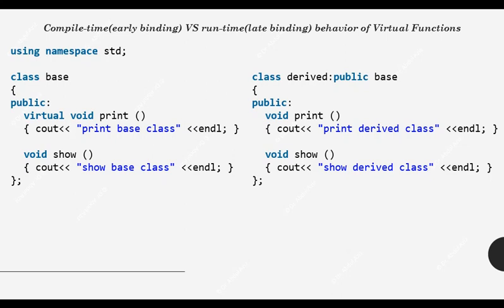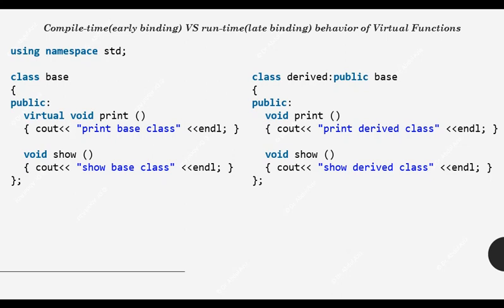Okay, on the right side you can see another code, a class derived that inherits the base class, which means now we are going to declare a derived class, and the derived class is going to override both methods. So we are going to override the print method.